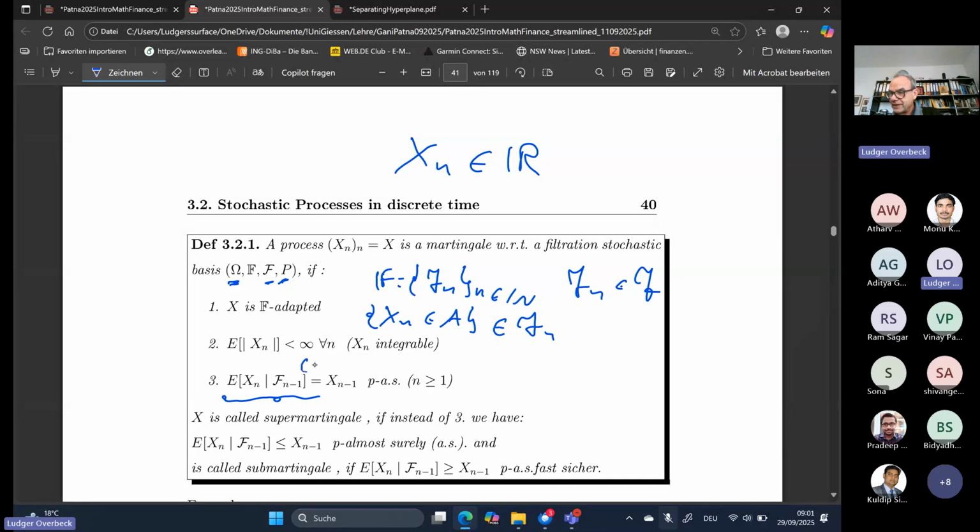So here's an omega, if you like. And then you see, for almost all omega.